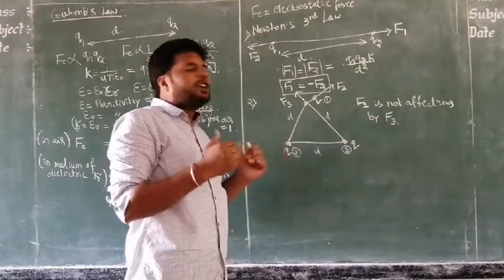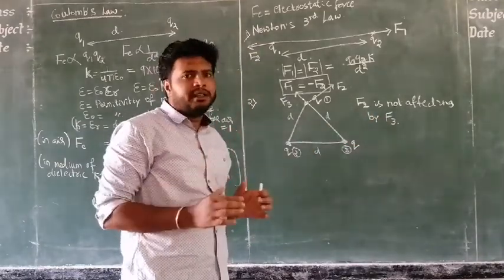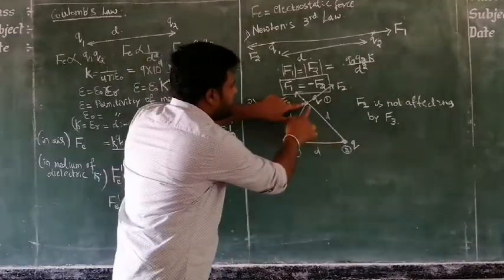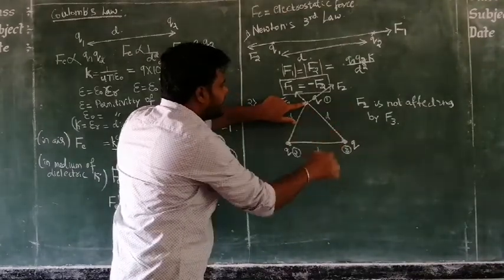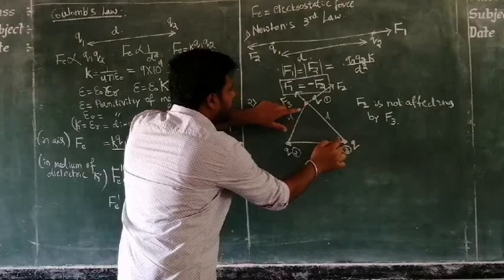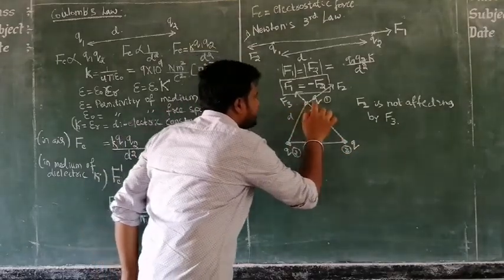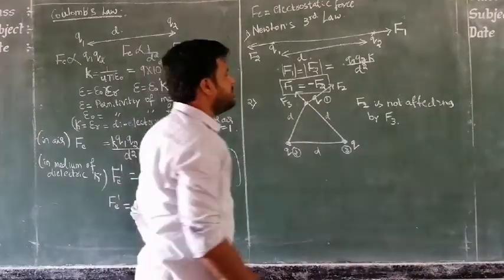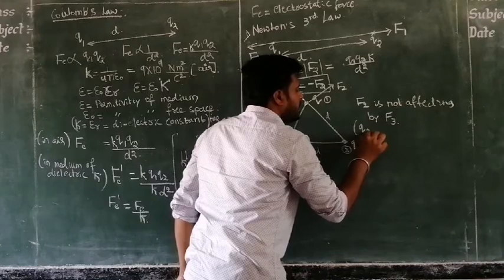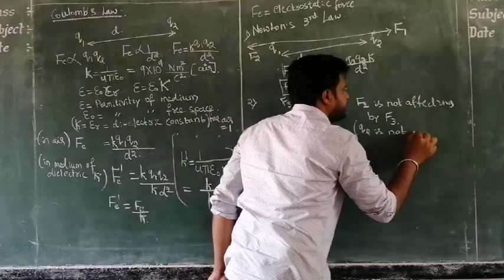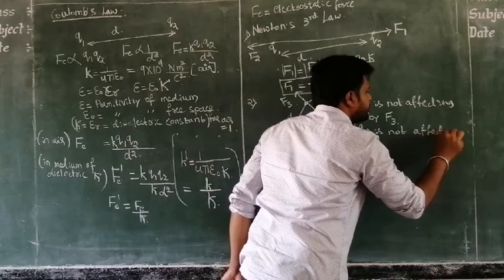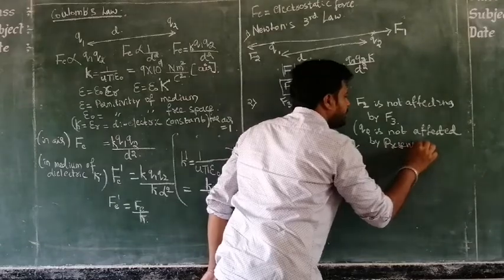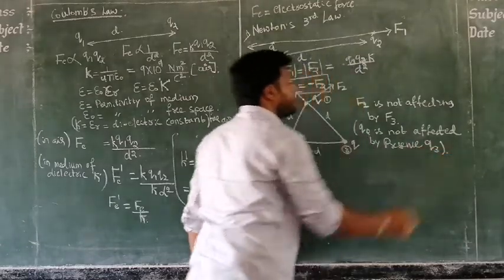Whatever the charges, however many charges are present, they won't affect the interaction between these two charges. Here I can tell this third charge is not affecting the interaction between charge 1 and charge 2. Clear? Okay, done. It means Q2 is not affected by the presence of Q3.